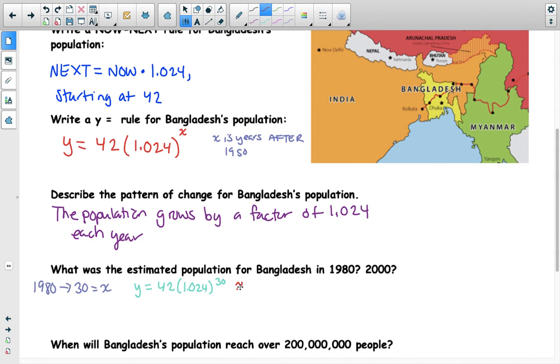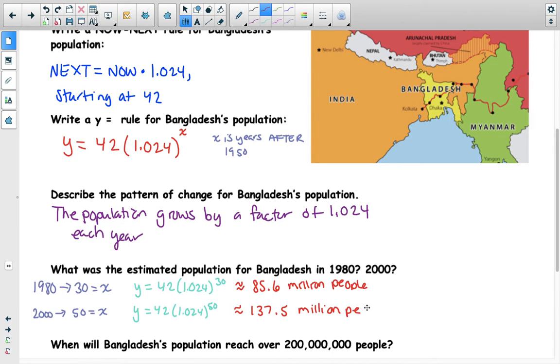This gives us approximately 85 6/10 million people. For 2000, the year 2000 is 50 years after 1950, so x is equal to 50. If we plug that into the equation, y is equal to 42 million times 1.024 raised to the 50th power. This would give us approximately 137.5 million people in 2000 in Bangladesh. Again, estimated.